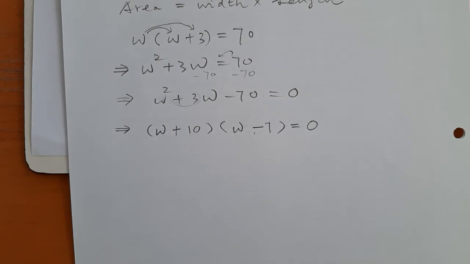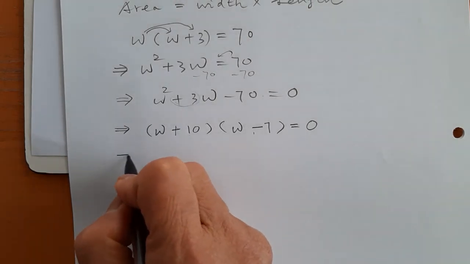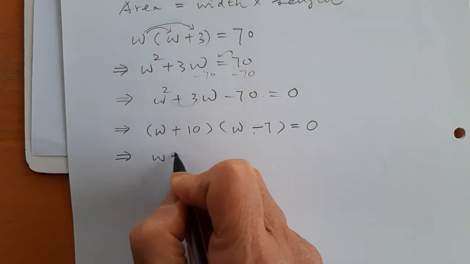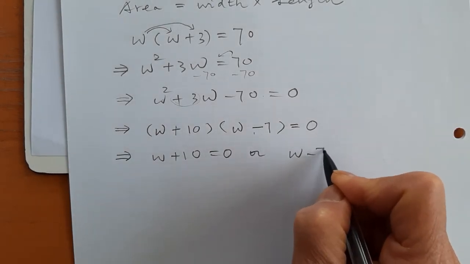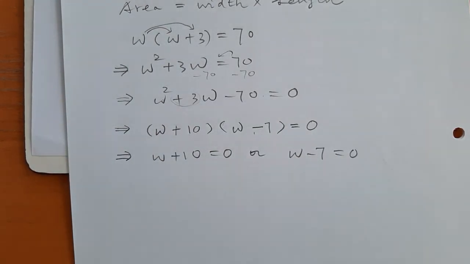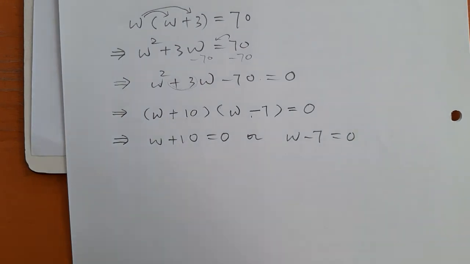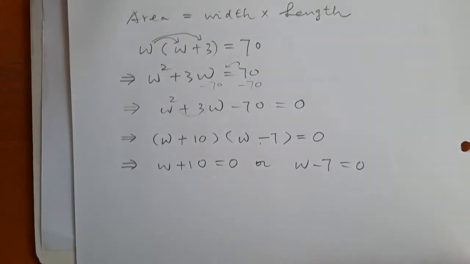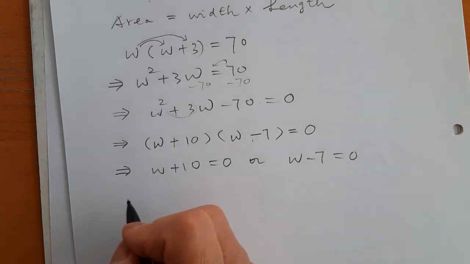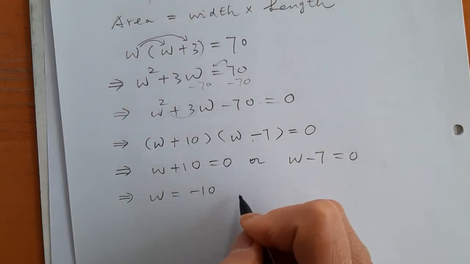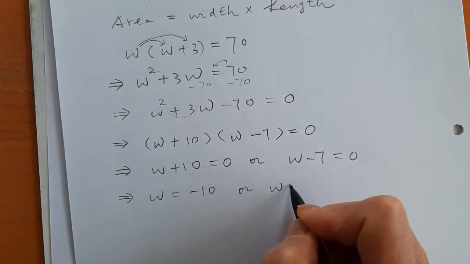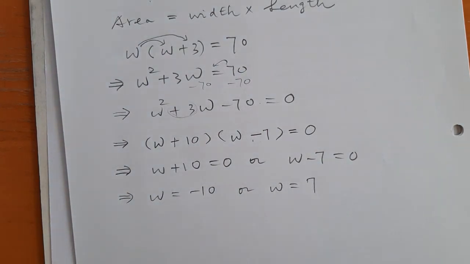Then use the zero factor property. Either the first factor, W plus 10 equals 0, or the second factor, W minus 7 equals 0. Then solve for W: either W equals negative 10, subtracting 10 from both sides, or adding 7 to both sides, W equals 7.